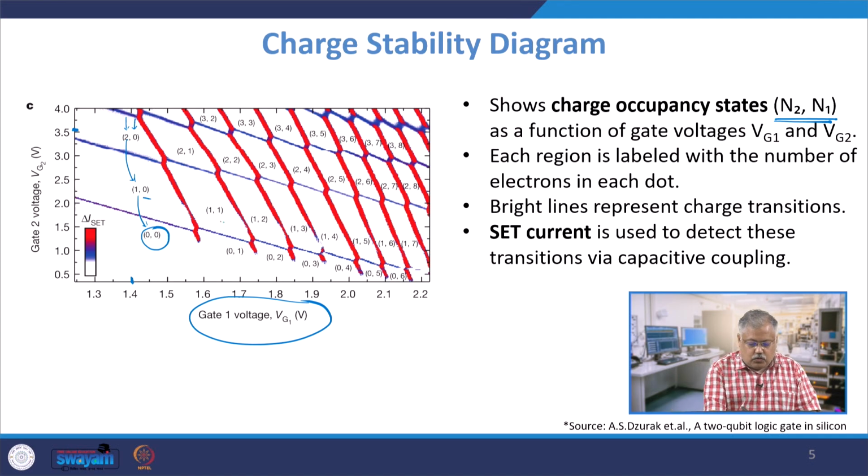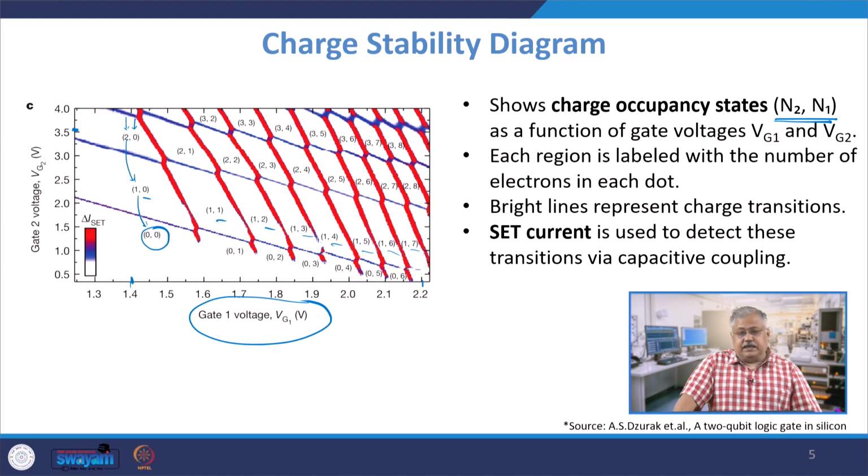This is 0, 1, 2, 3, 4, 5, 6, 7, which means that if your block of gate voltage is from 1.4 to around 2.2, you can actually see that the control is very stable, and you can populate the occupancy states more and more for a larger gate voltage.